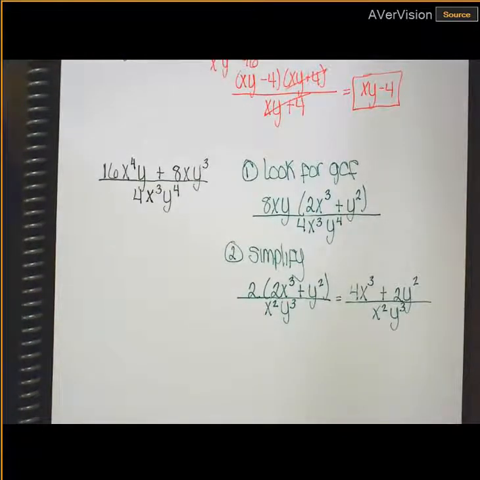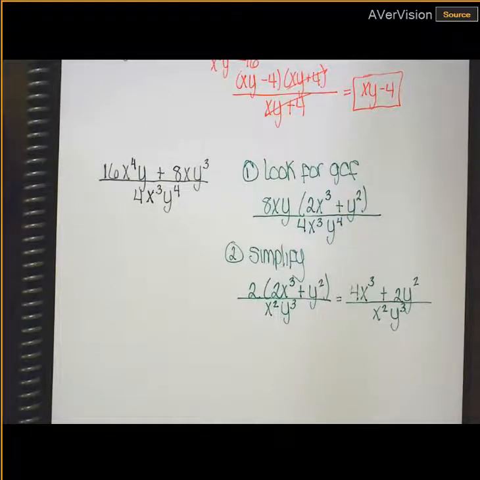Can we simplify anything else? The answer is no, unless we break it into two fractions, which we do not want to do. So this is fully simplified.